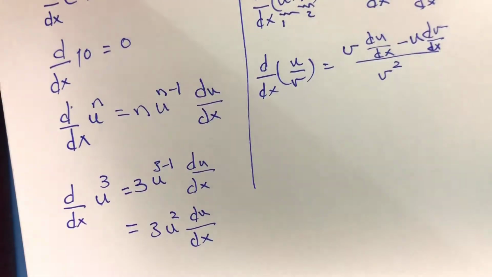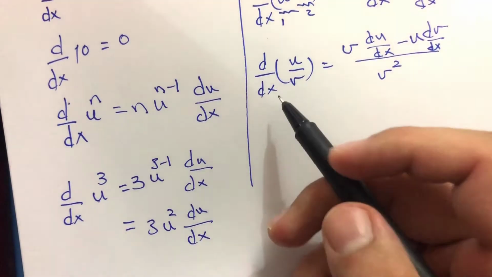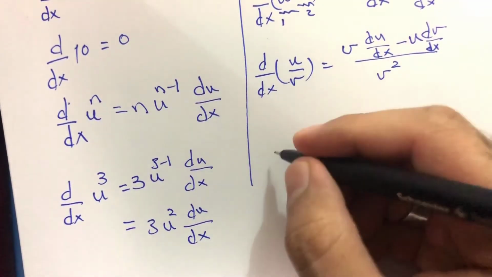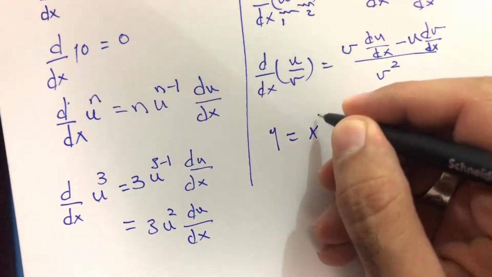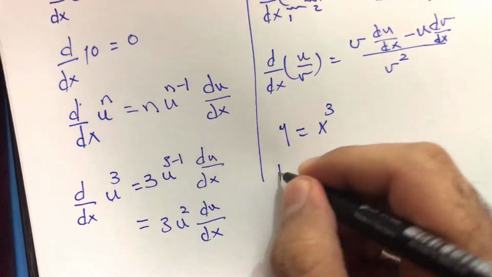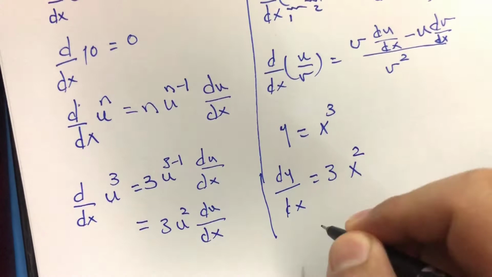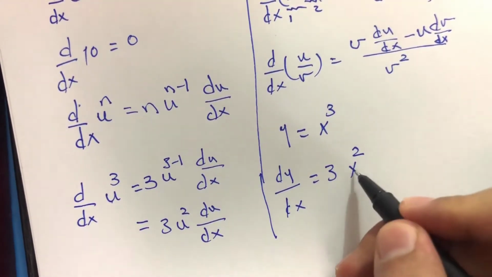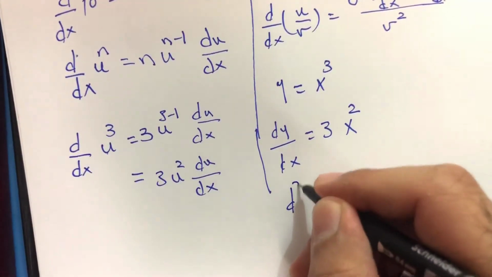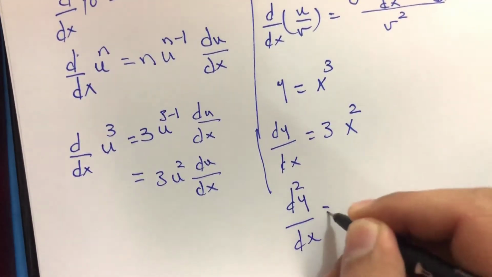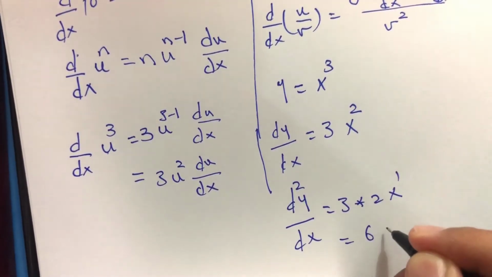Also, we explained the concept of the chain rule, and we took the derivative of higher orders. For example, if y equals x to the power 3, then dy by dx will be 3x squared multiplied by the derivative of x with respect to x, which is 1, and the second derivative d squared y by dx squared can be written like this: 3 multiplied by 2x to the power 1, so it will be 6x.